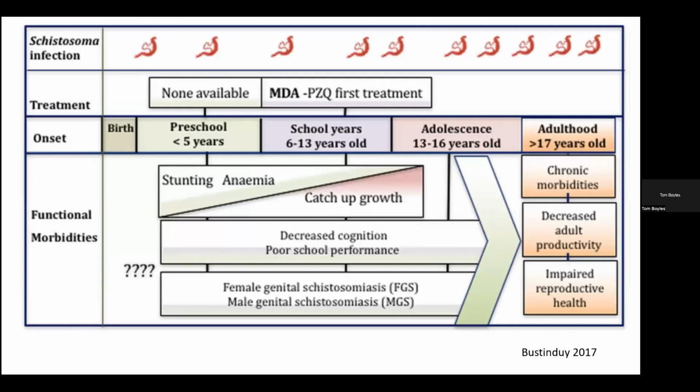What about the effects? What does it actually mean? I mentioned that it's more a disease of morbidity than mortality, and that's certainly true in children, which is what we're discussing now. This is a slide from Anna, who works at London School, one of her papers. In this paper, this includes dosing with praziquantel, which we'll come on to. It's a schematic showing what can happen.